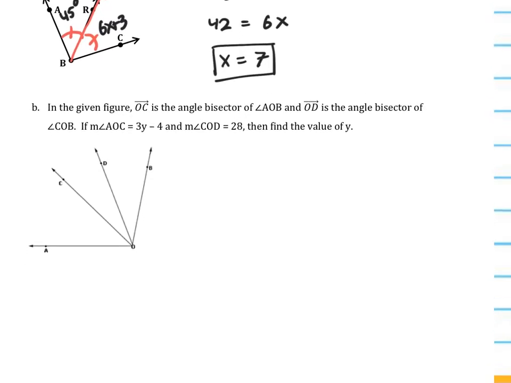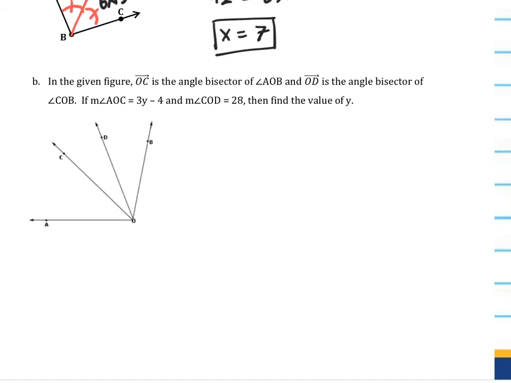Okay, this next problem gets a little bit more involved because we have a couple of different angle bisectors. Sometimes it's helpful when we have multiple angle bisectors to color coordinate. So it says, in the given figure, OC is the angle bisector of angle AOB.